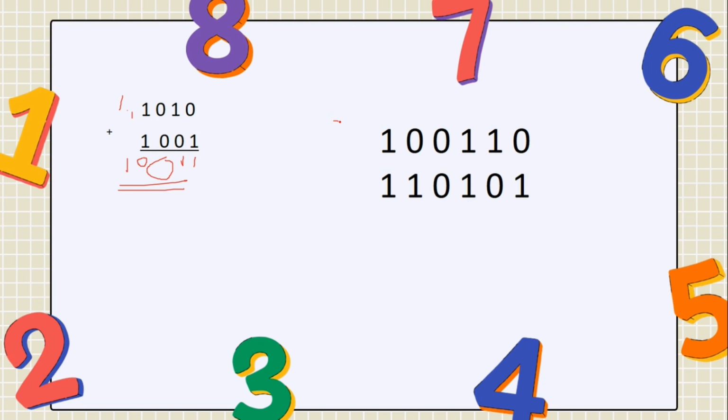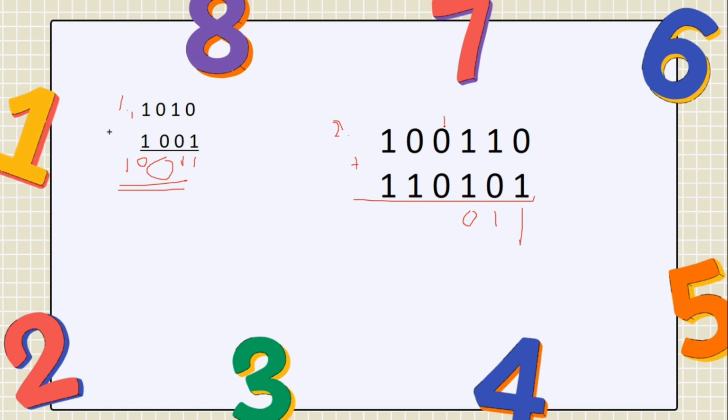For another example, number 2. 0 plus 1 equals 1. 1 plus 0 is 1. 1 plus 0 is 1. 1 plus 1, bring down 0, carry 1.